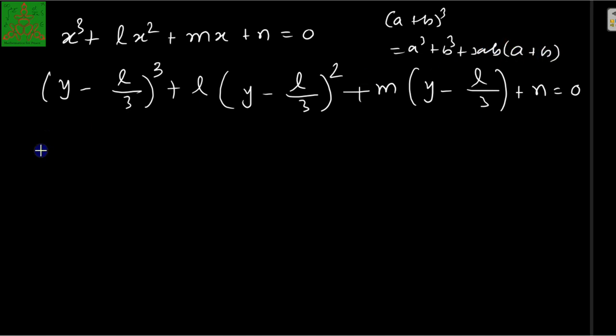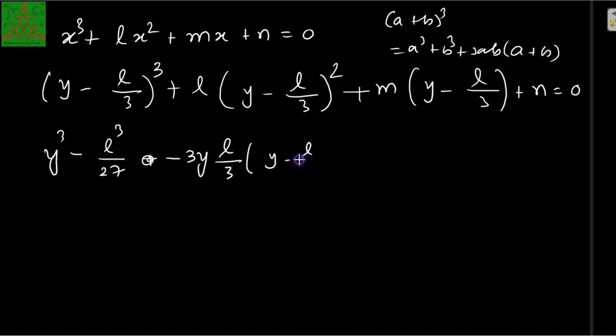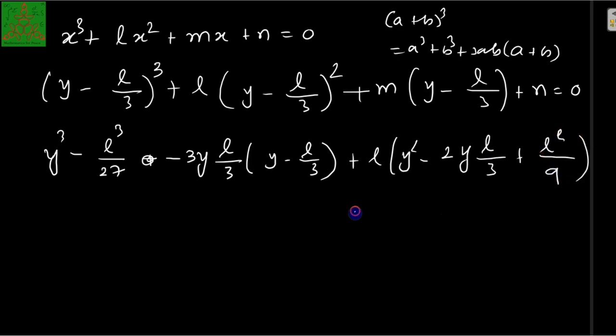So using this, it is y cube minus l cube by 27 minus 3 y l by 3 into y minus l by 3. Then this is l into y square minus 2y into l by 3 plus l square by 9, plus m y minus m l by 3 plus n equal to 0.